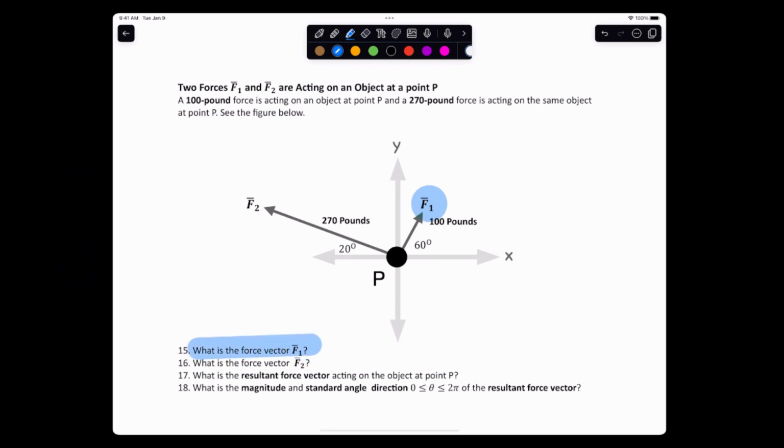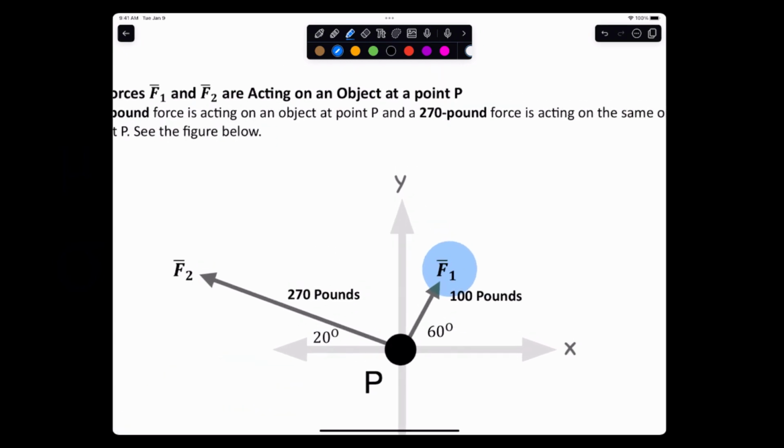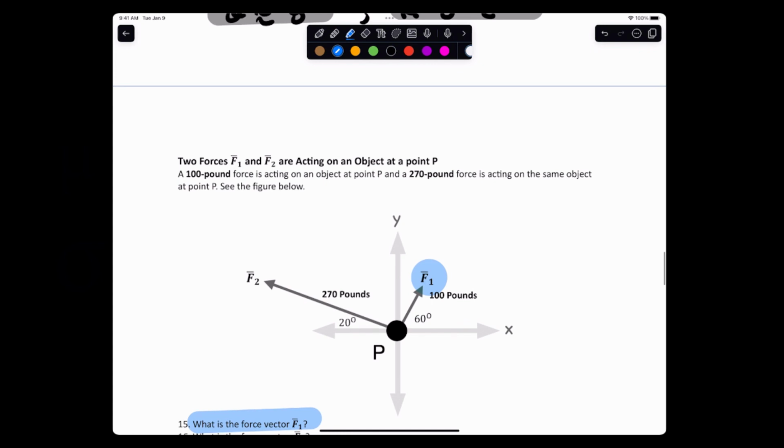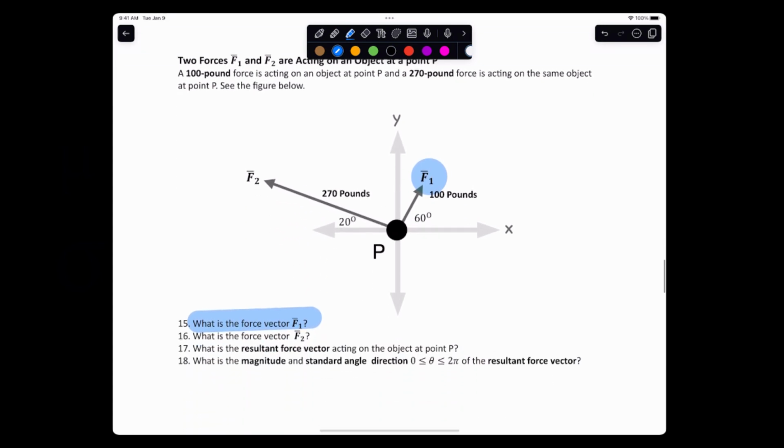What is the force 1 vector? They give you the information written down up here. And let's call this force 2. They're going to want to know the force 2 vector. And then what are they going to want to know? The resultant force vector. So they're going to know R.